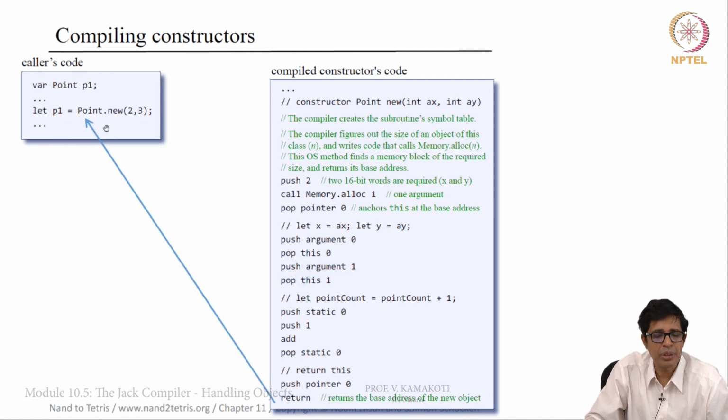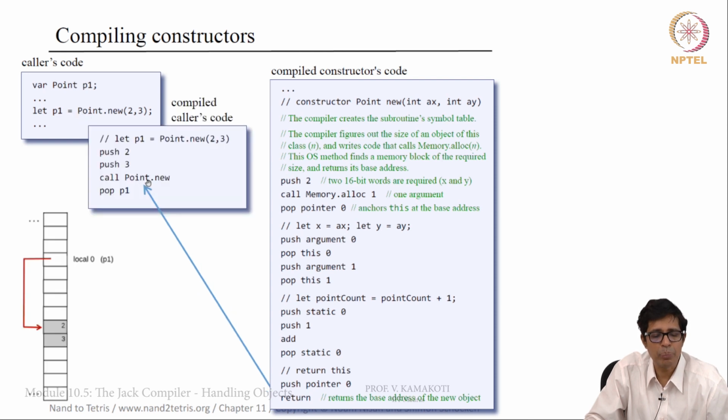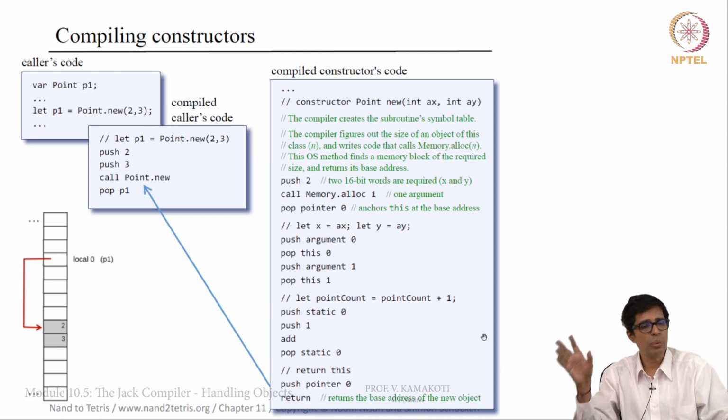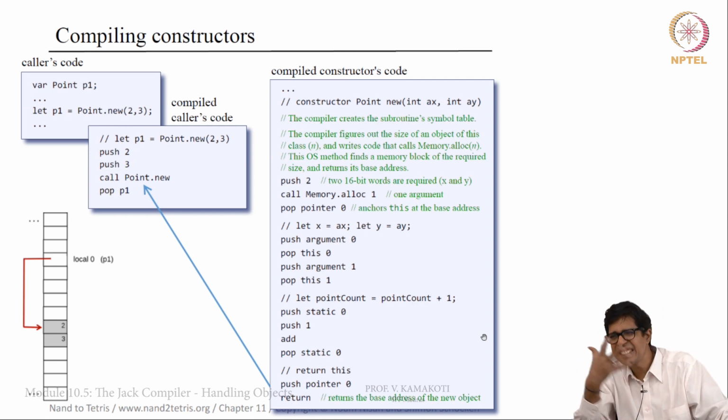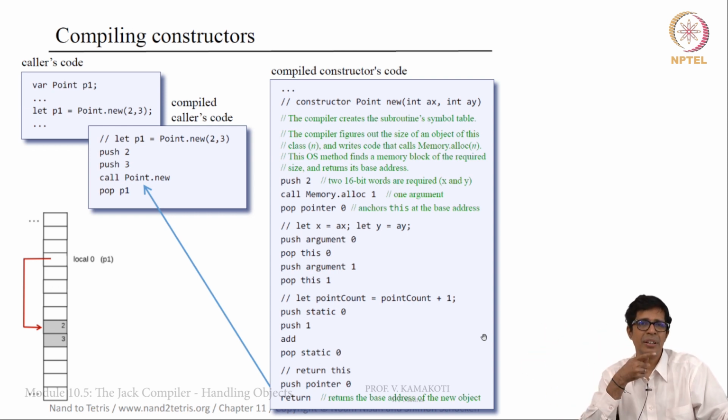This return will go back to the caller, where we say call point.new, and then I say pop p1. So p1 will get the value of the newly created object. So this is how an object is created and taken back, and this is the mapping of that syntax onto the VM code.